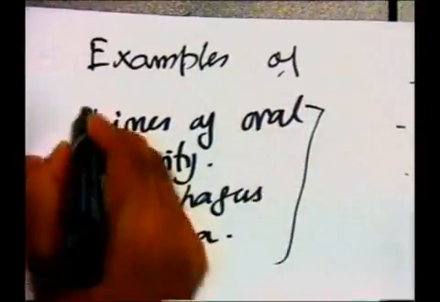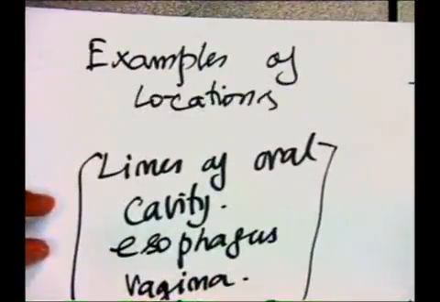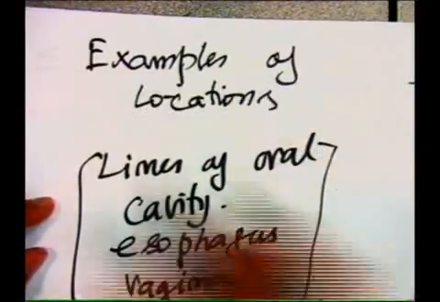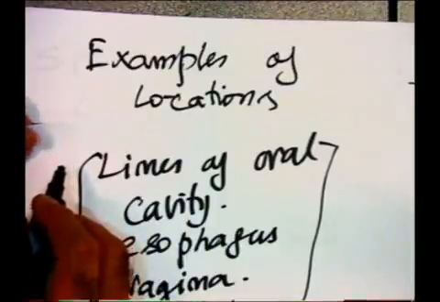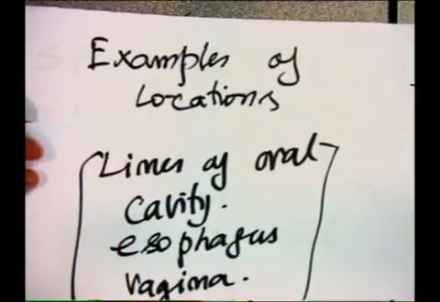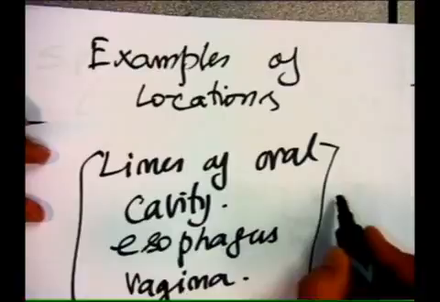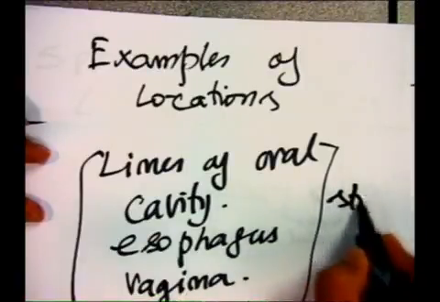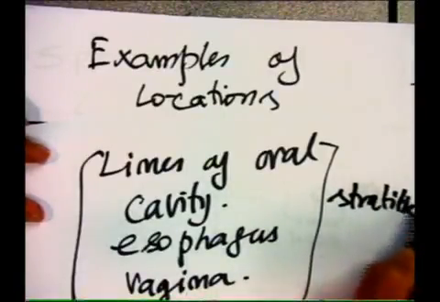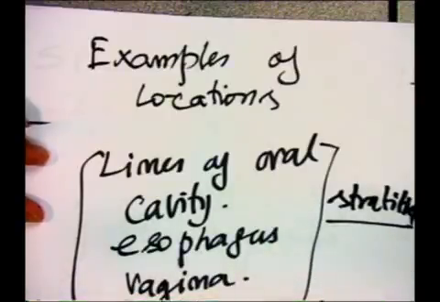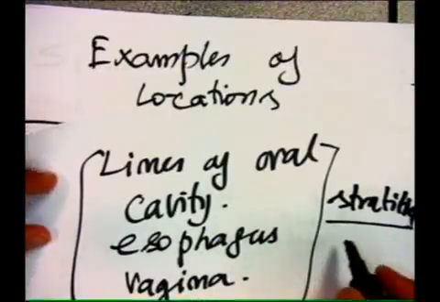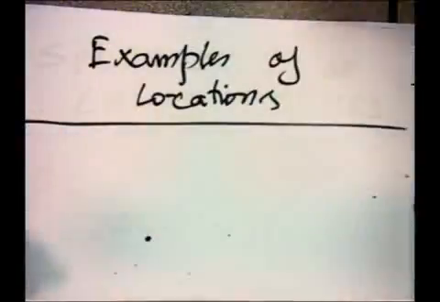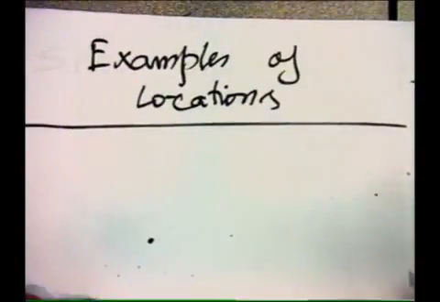So these tissues, the examples of location, what type of tissue is this? It is stratified squamous epithelium. Okay, the tissue is stratified, that's what we are looking into. Okay, the next one is the function.